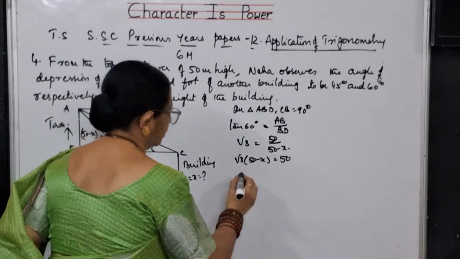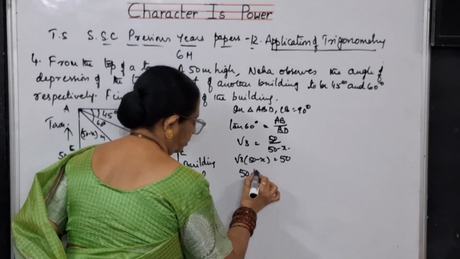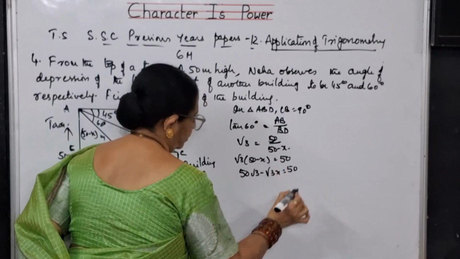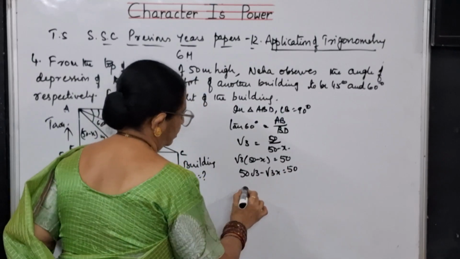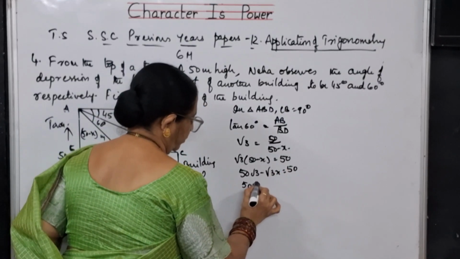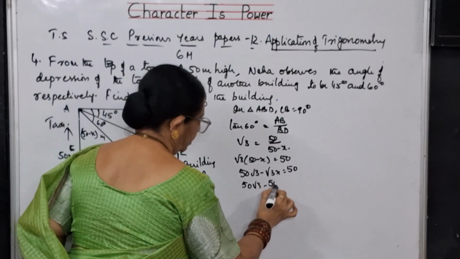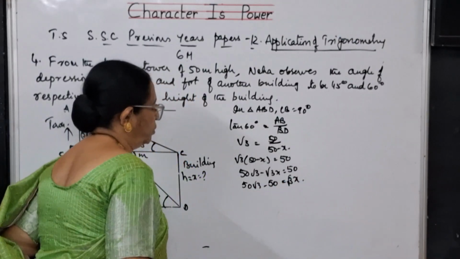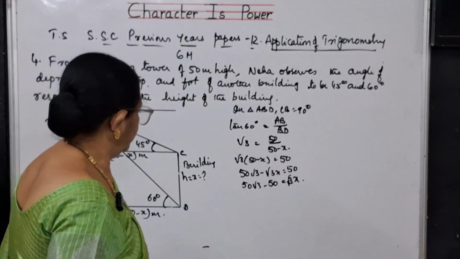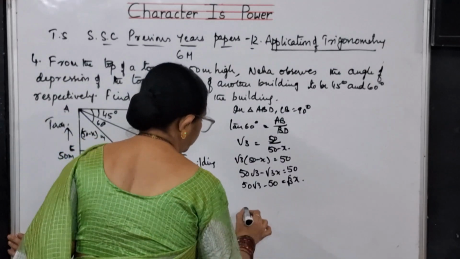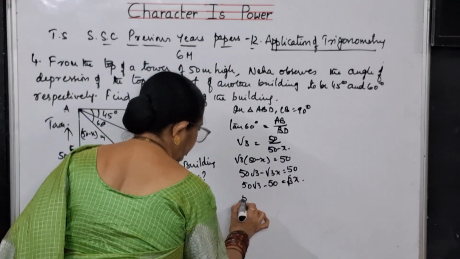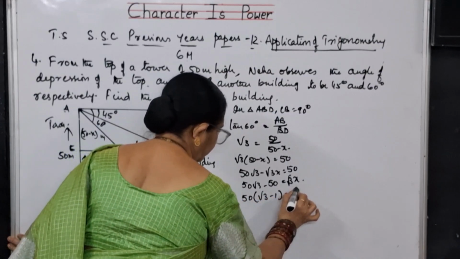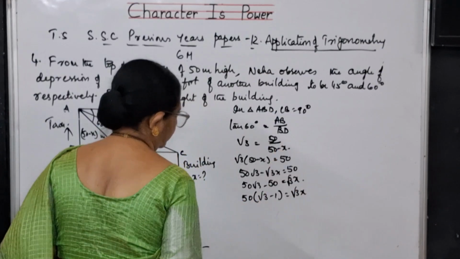So 50 root 3 minus root 3x is equal to 50. Means 50 root 3 minus 50 is equal to root 3x. Now, you can take 50 as common. Root 3 minus 1 is equal to root 3x.